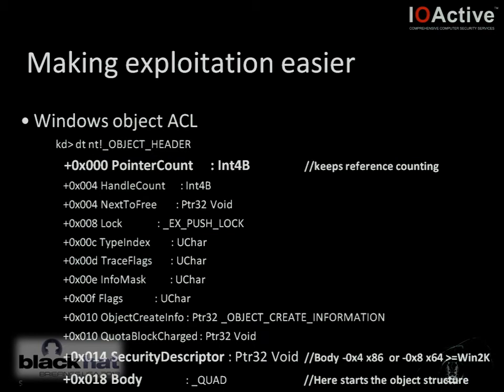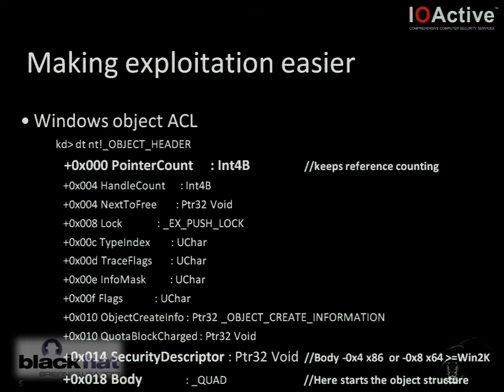For instance, if it is a process, then here the body offset will start the EPROCESS structure. What I found interesting here is you can see here the security descriptor field. This ends up being a pointer that points to ACL-related information.